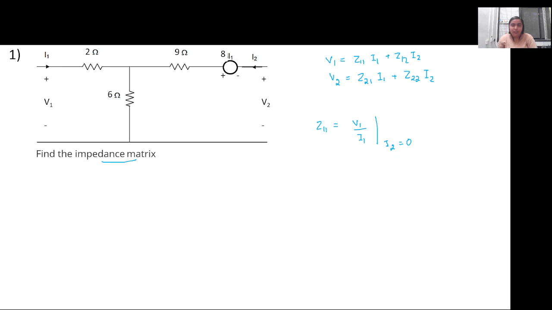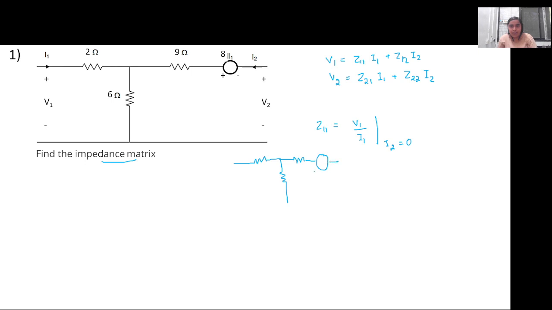So solve with me. For Z11, I'm reiterating this part because we will be using it to solve the equations that we will get in this particular assignment. So I'm just doing a small problem from the previous one, which we have not done earlier. In the first condition, when I2 equals 0, the circuit reduces to this.